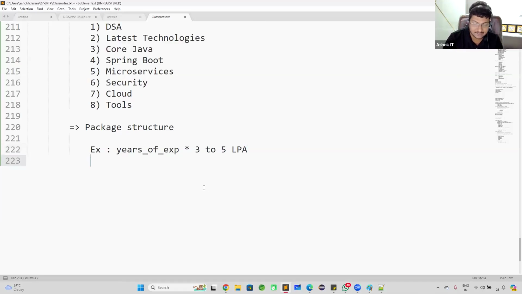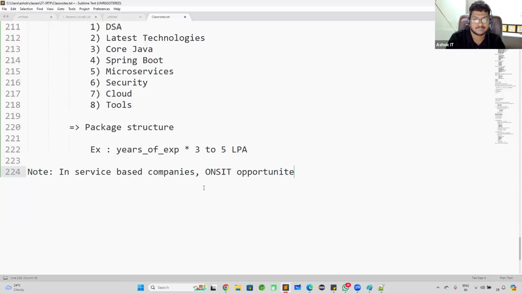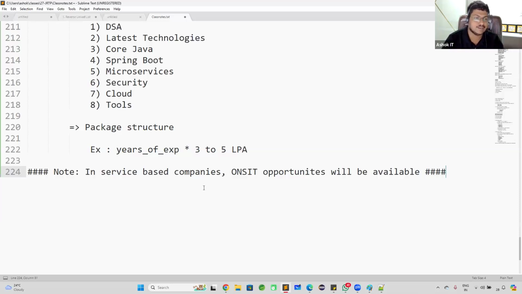And here, guys, when you are working in service-based companies, on-site opportunities will be available. On-site opportunity is nothing but they will send you to the client location.